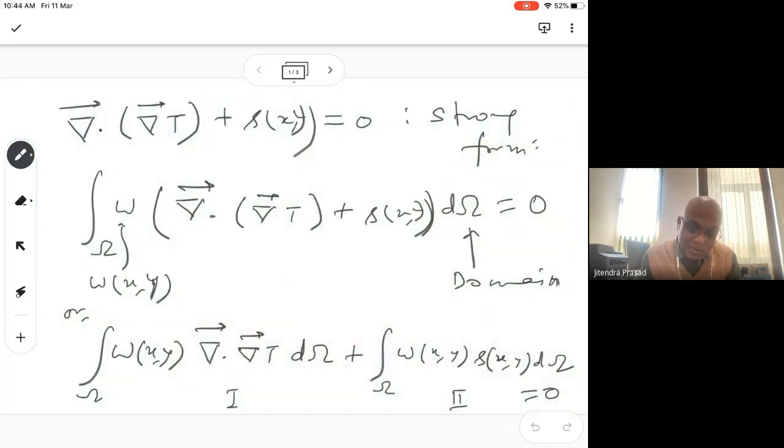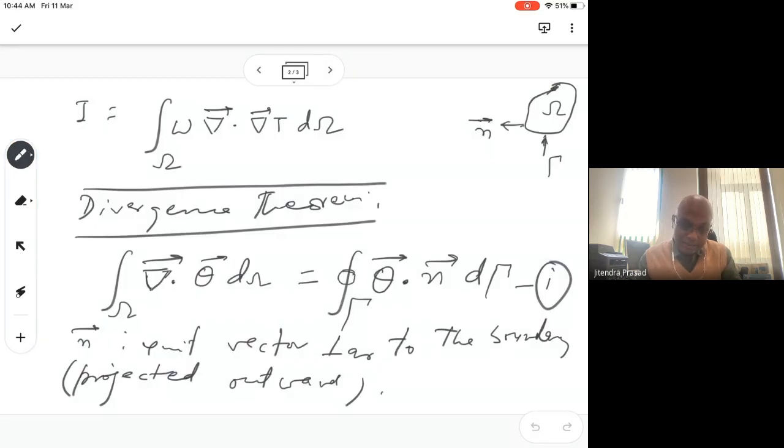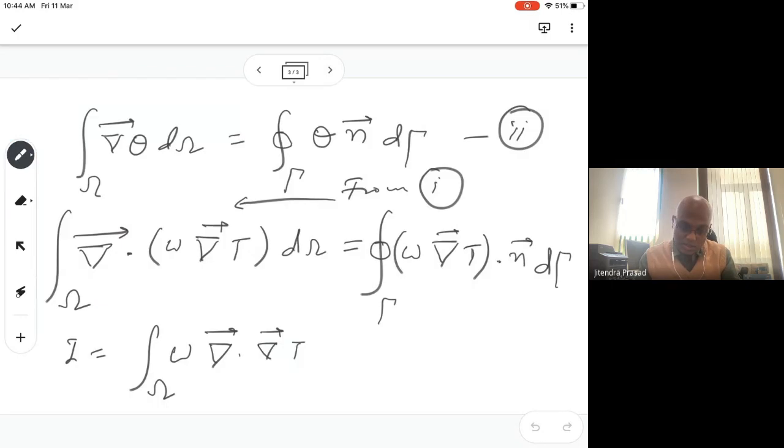We did not put K, so K will be here like this. But K is a scalar anyway, so K can be taken out, no problem, but still let's write it here.